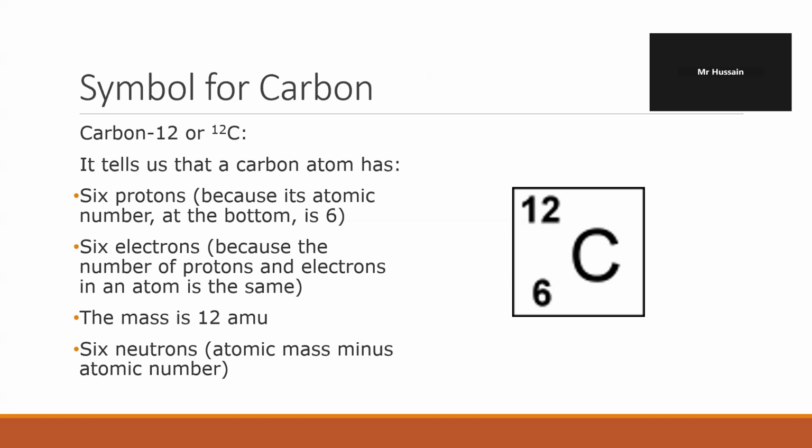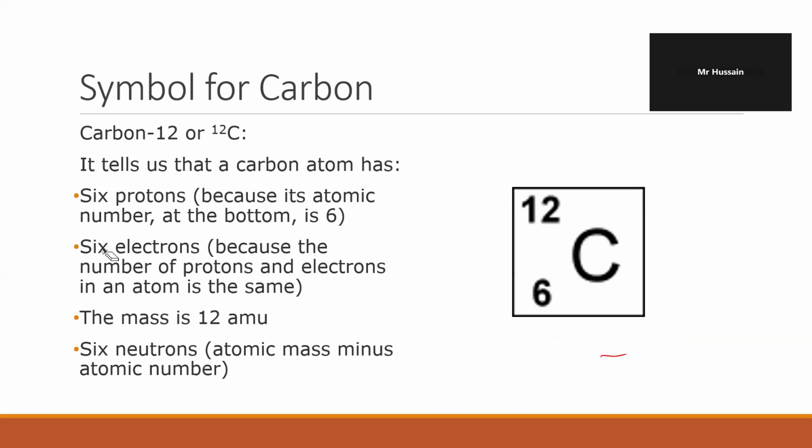The mass shown here is 12. I know carbon has 6 neutrons. How do I know? Because I subtracted the atomic number from the mass number. So I got 6. So remember that. In order to get the number of neutrons, we subtract the atomic number from the mass number. Clear?